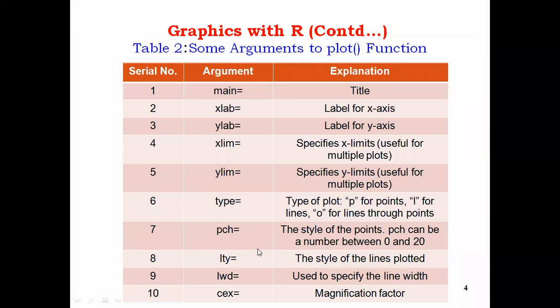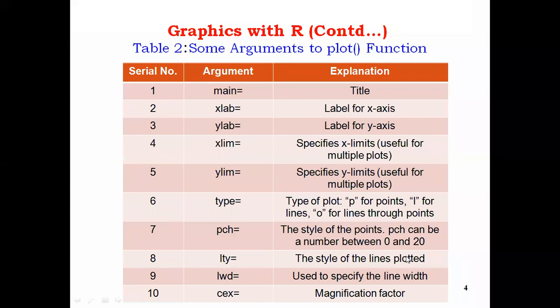So the plot character, or PCH, is the standard argument to set the character that will be plotted in a number of R functions. I think all of you understood.